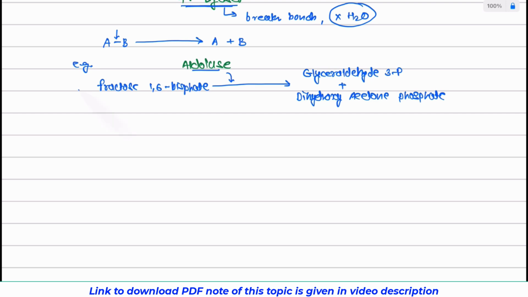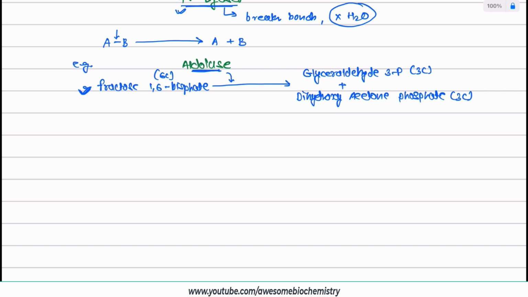This is one of the very important reactions of glycolysis. This 6 carbon compound is converted into two 3 carbon compounds. So this is the splitting reaction carried out by aldolase, which is of the class lyases. Another example of this class is fumarase and histidase.